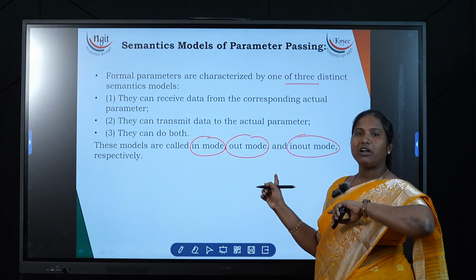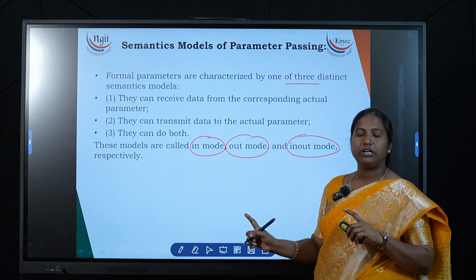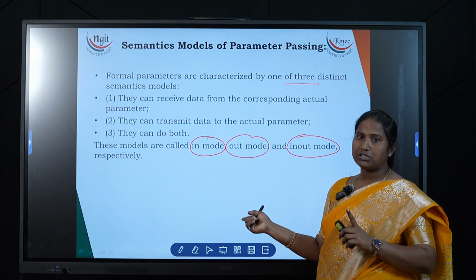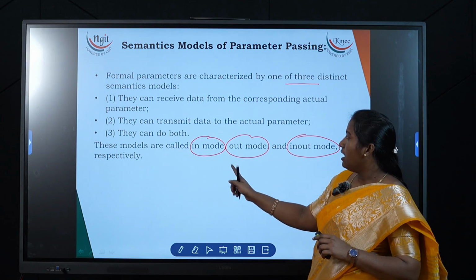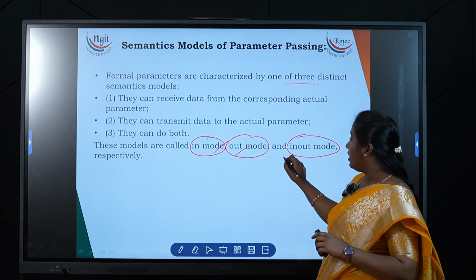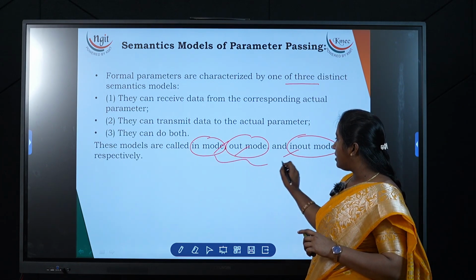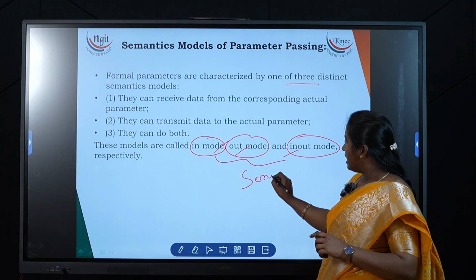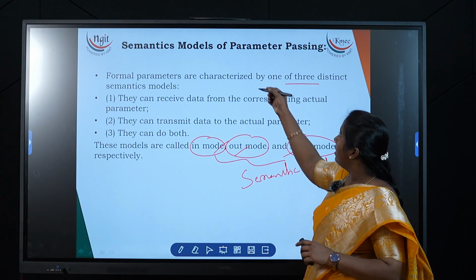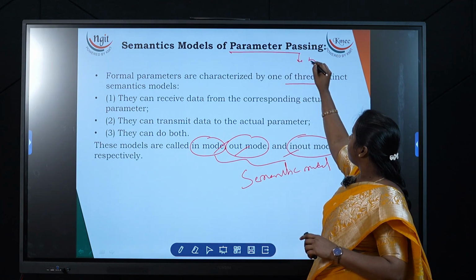One more expected long question from this unit. In the third unit, the last video had one expected question, and this is also one expected long question. There are three semantic models: in mode, out mode, in out mode. Parameter passing methods are 5.